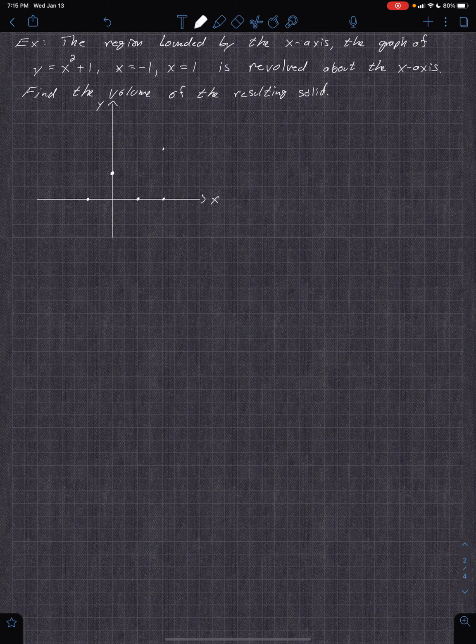Oops, I did that a little bit wrong. Here's 1, and then you're up 1, over 1, up 1, and then it goes high. Over 1, 2, up 1, 2, 3. So it's way up there.